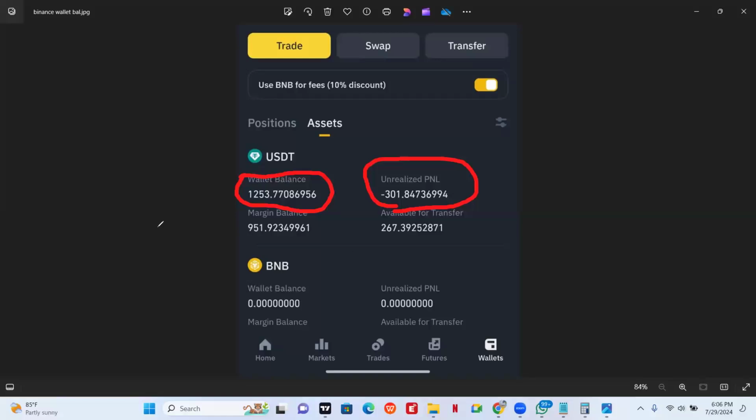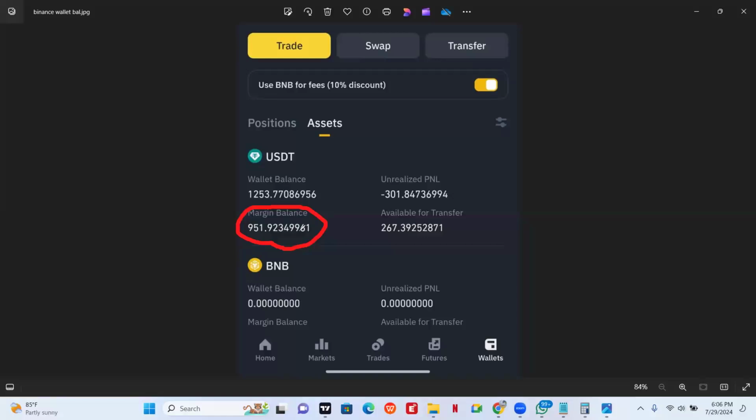Now, let's come to margin balance. Remember that you are trading with $1,000. Now, this margin balance shows 951.9. If you add your margin balance and your unrealized P&L, you should be able to arrive at your wallet balance.